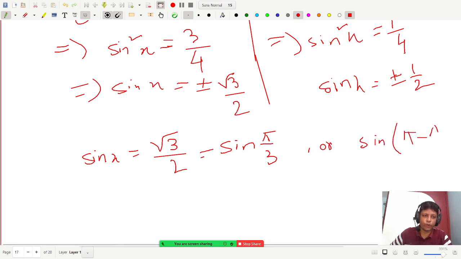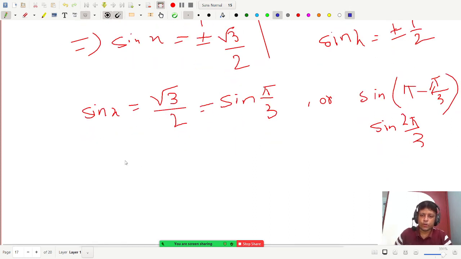In the second quadrant also, you can take this angle, 2 pi by 3. So sine 2 pi by 3 also has the value root 3 by 2, and 2 pi by 3 satisfies the range 0 to pi again. So in this case you have pi by 3 and 2 pi by 3, two values.